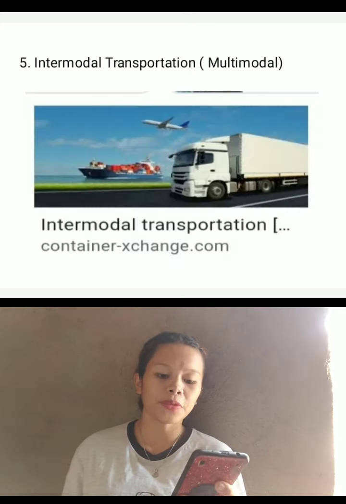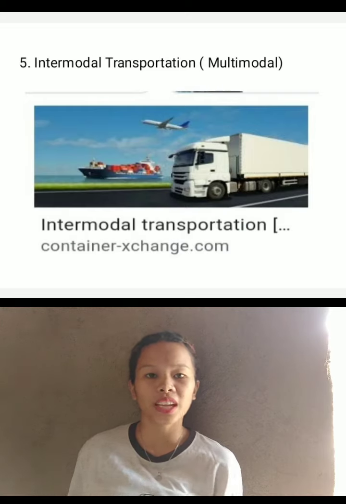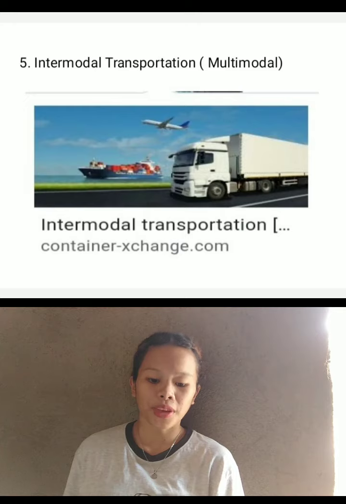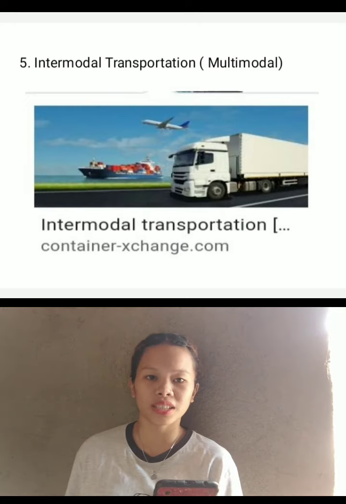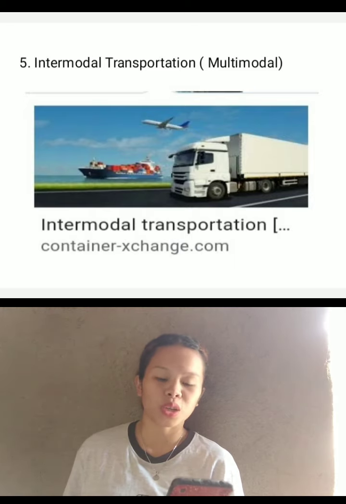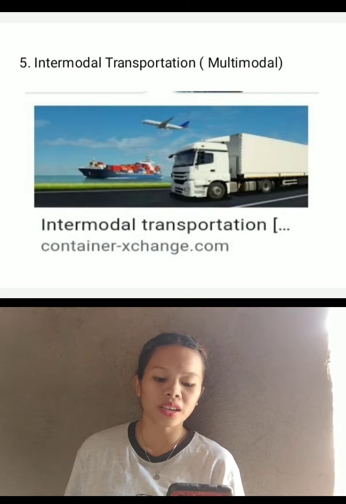And number 5 is intermodal transportation, or multimodal. Often in logistics, one shipment is completed using multiple modes of transportation. For example, consider a company in Germany shipping goods to Oregon.